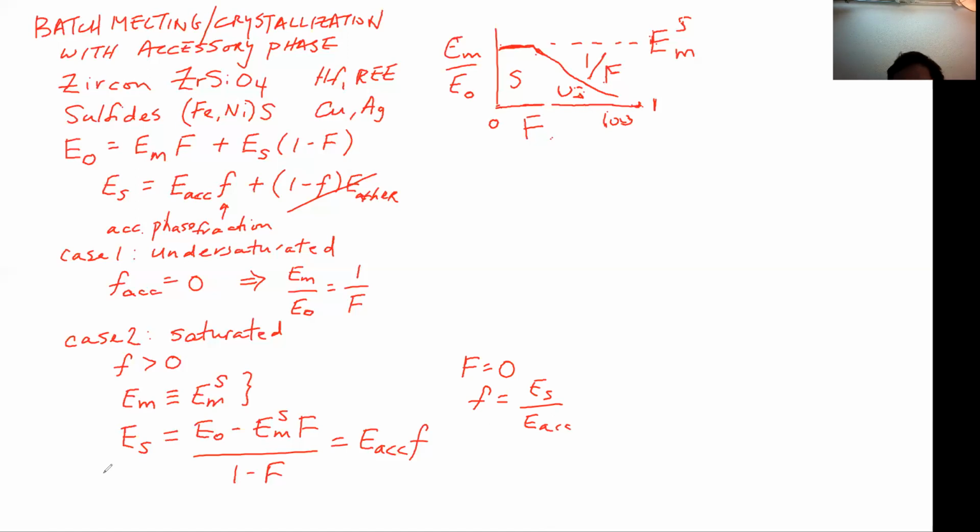So it's the bulk amount of, say, sulfur in the system, divided by how much sulfur is in the accessory phase or sulfide, right? We can also consider the case when you exhaust the accessory phase, when you subtract out all of it. Plug the 0 in for little f, and you'll get E0 over ESM.